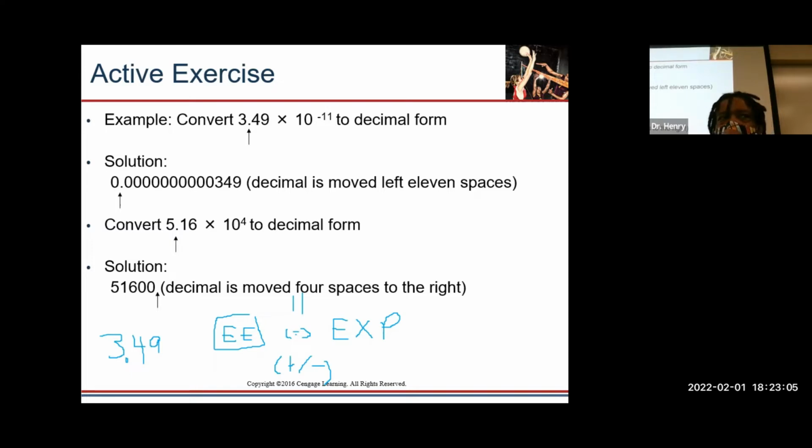Okay, did everybody get it? Yes, no, maybe? Now, you guys are saying, oh God, I know how to use a calculator, right? But 9 times out of 10, most people make a huge mistake on their exam by entering stuff in their calculator. They understand the concept, they understand what they're supposed to do, but when they enter it in the calculator, they screw it up.